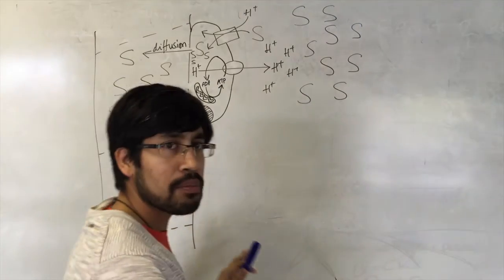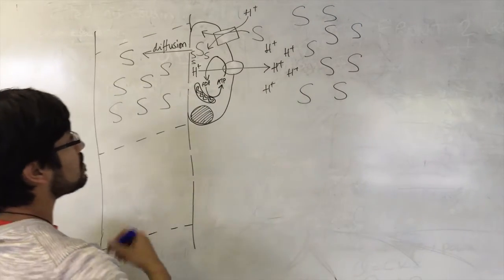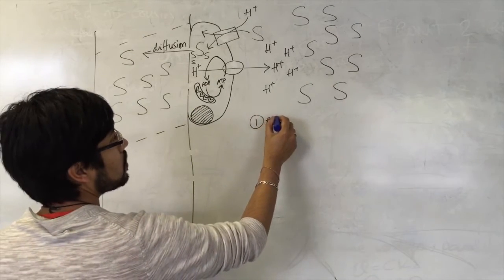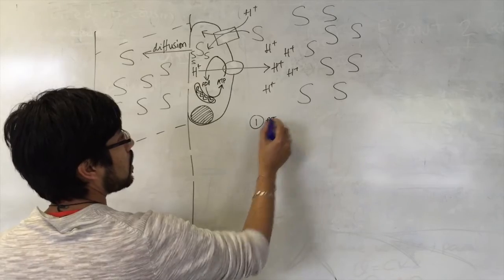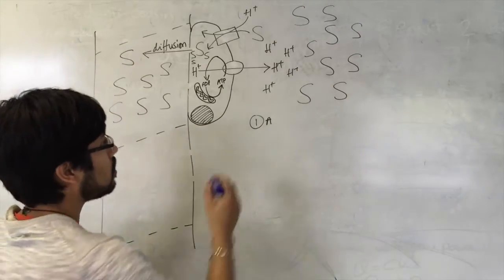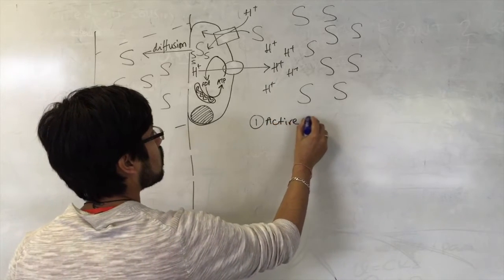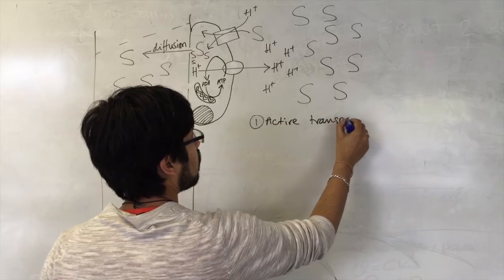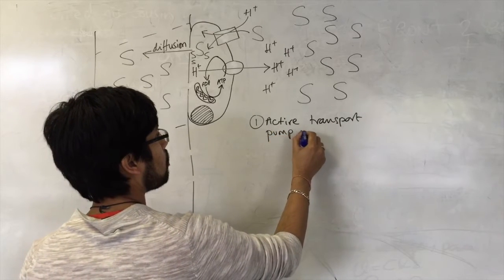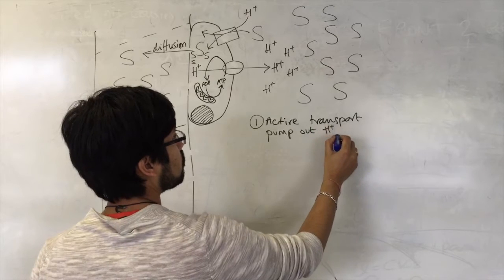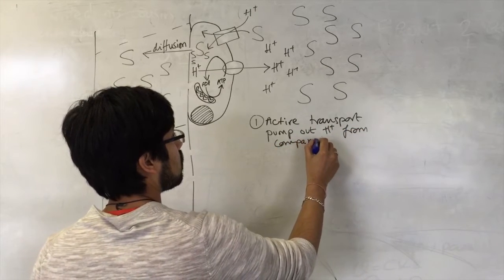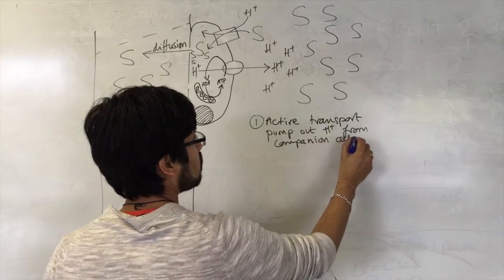So it might help actually to summarize the steps here. One, active transport used to pump out H+ from companion cells.